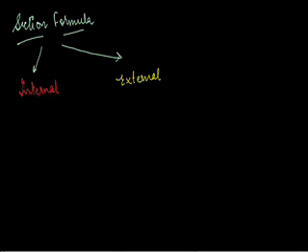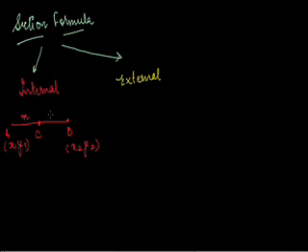And when we studied in class 10th, the formula for internal division used to be, if there are 2 points, A with coordinates x1, y1 and second point is B with coordinates x2, y2, and you have to find the coordinate of the point C which divides the line segment AB in the ratio of m:n.